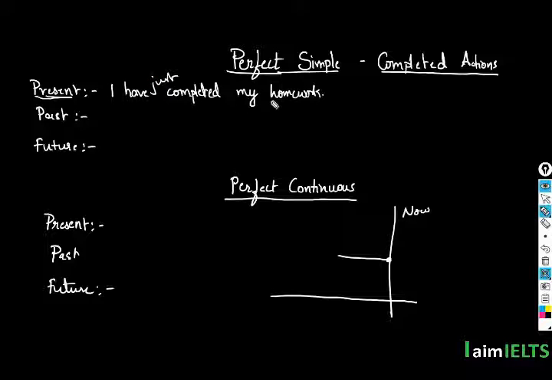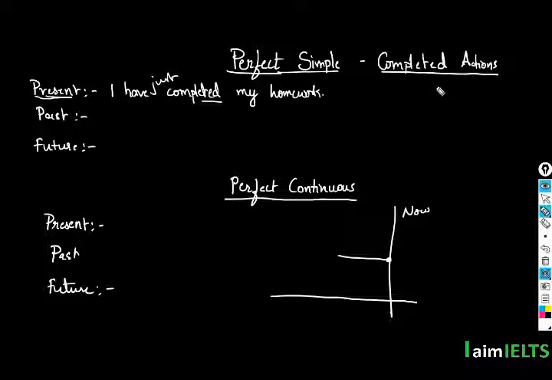If you observe this sentence, it means that I have just now completed my homework, which means this action is already done. I have completed doing it. But when did it get completed? Just now. So it still is relevant to present. That is why we call it present perfect simple.